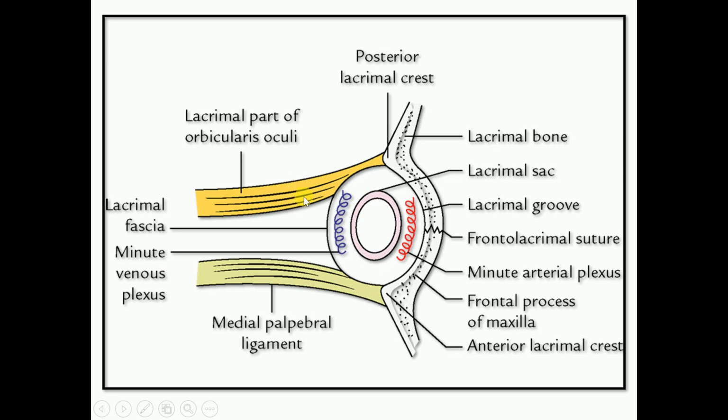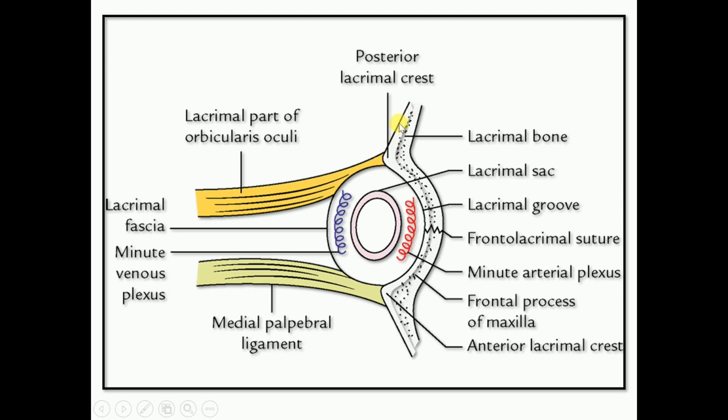While the posterior aspect of the lacrimal sac is formed by the lacrimal part of the orbicularis oculi muscle, and this boundary is formed over which the lacrimal sac is situated. Therefore, that is formed by this upper aspect.